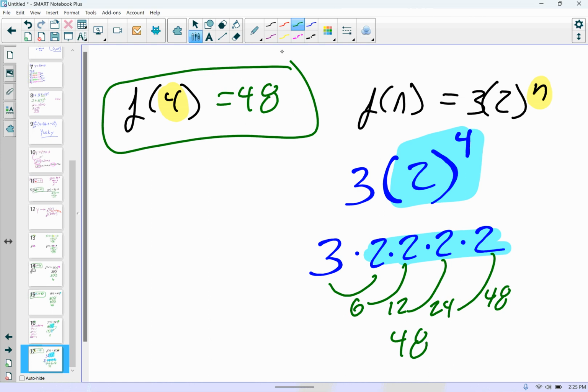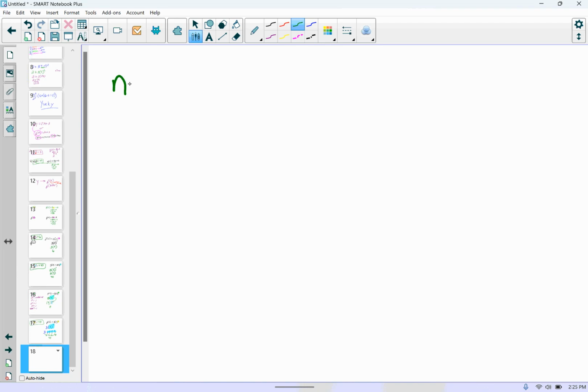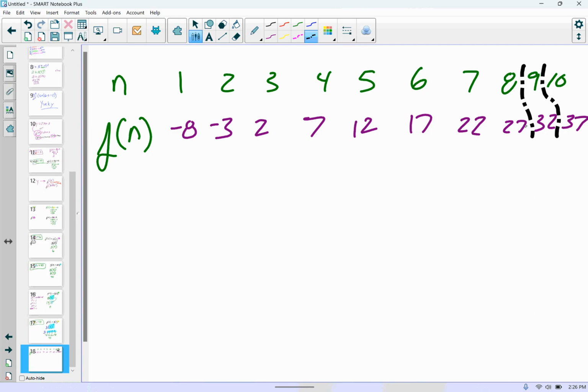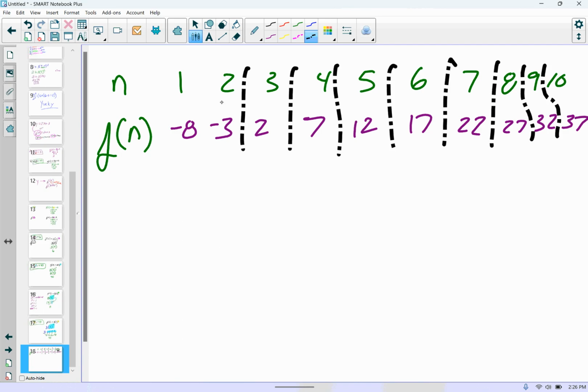All right. I'm going to duplicate this little map. All right.